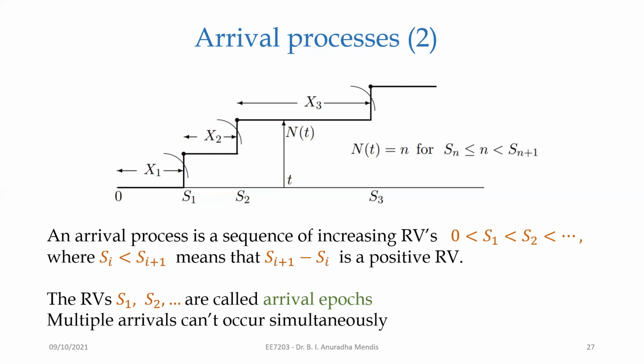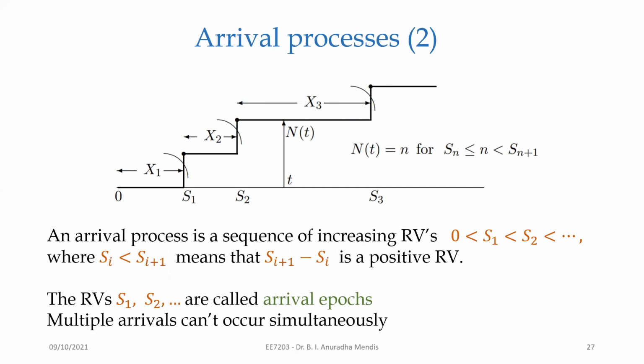And the other thing is that here we assume there are no simultaneous arrivals. Let's say there is a door through which people can arrive, and at a time only one person can enter through that door. Therefore two people cannot come at the same time.